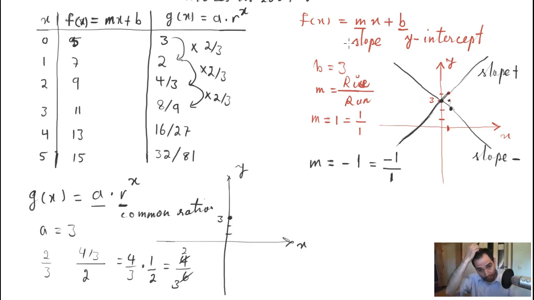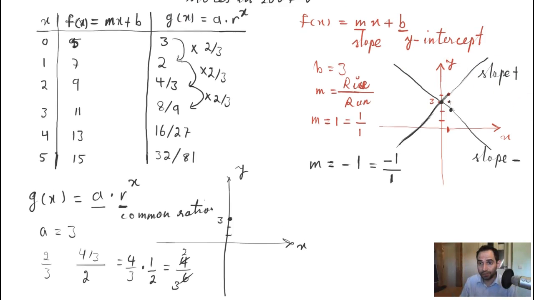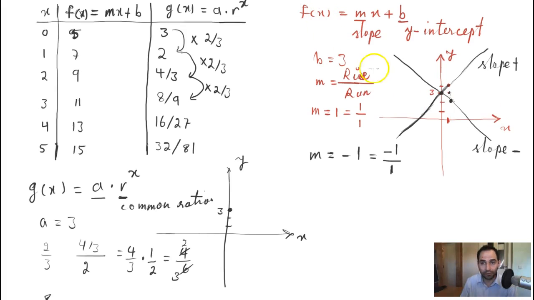Now, what you need to know here is very simple. If you want to write down an equation for this function, let's say for this function right here. So here you can see that in the case of a linear function, to get 7 from 5, you are adding 2.